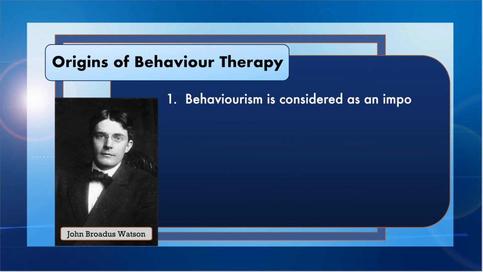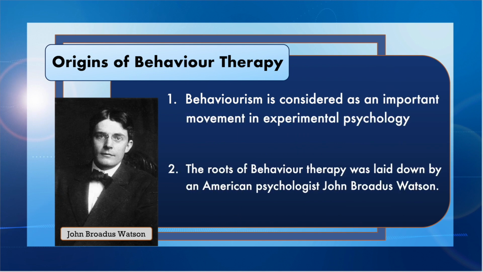Now, let us pay a little attention to the origins of behavior therapy, how it emerges. Behaviorism is considered an important movement in experimental psychology which originated at the start of the 20th century. Although the roots of behavior therapy were laid down by an American psychologist, Watson, this therapy became widely accepted much later and did not occur until the 1950s.